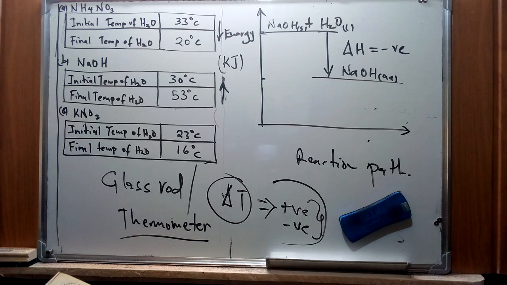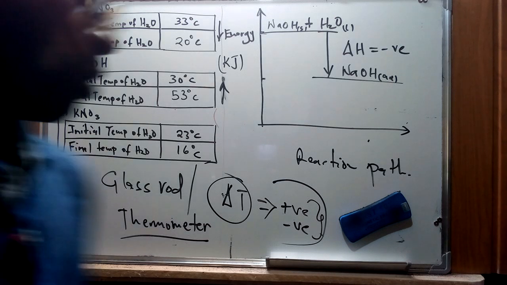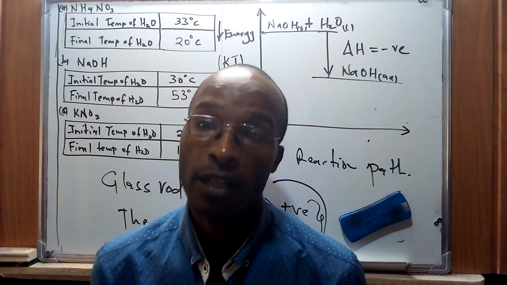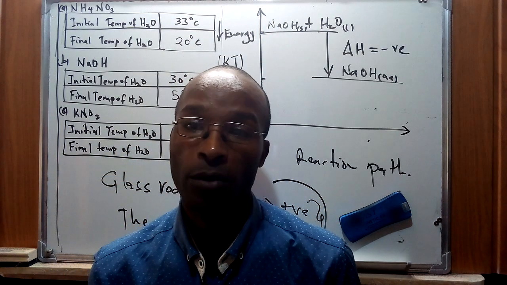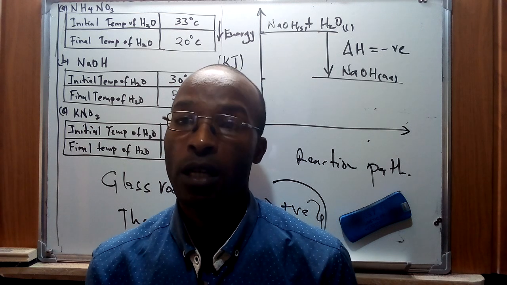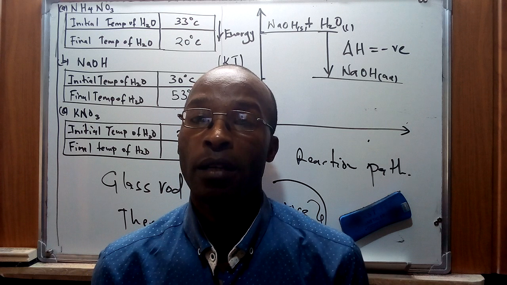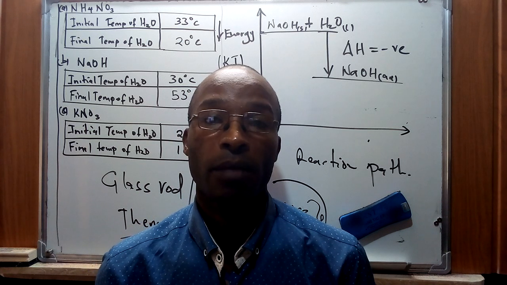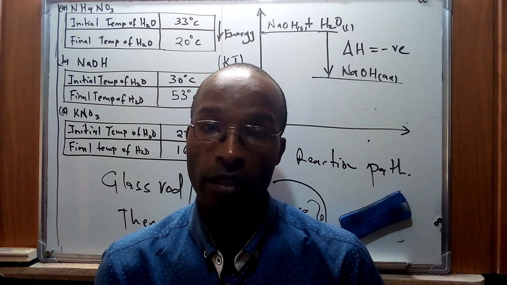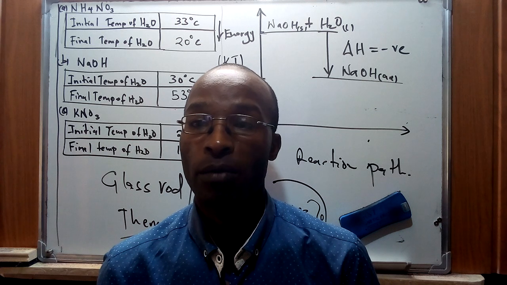But that's a discussion for another day. I hope that whenever you come across a reaction which has a notation for the negative or positive sign, you can say whether it's an exothermic or endothermic reaction, and represent it using the energy level diagram appropriately.